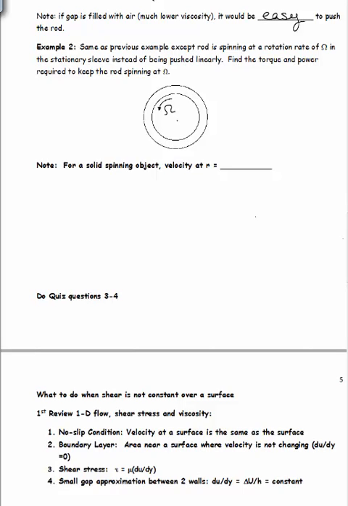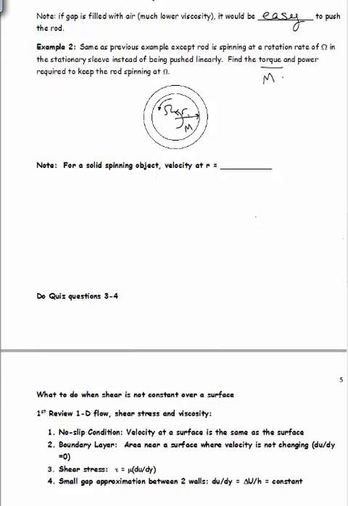Okay. So again, let's call this R1. Okay, and the torque and moment are essentially the same thing. So a lot of times what we're going to do is call this torque M for moment.